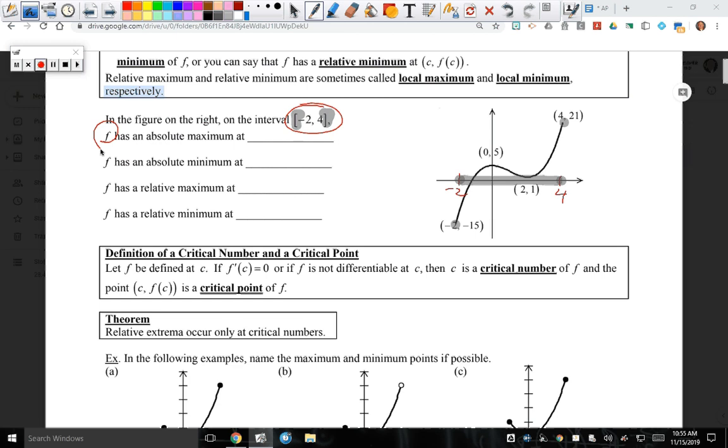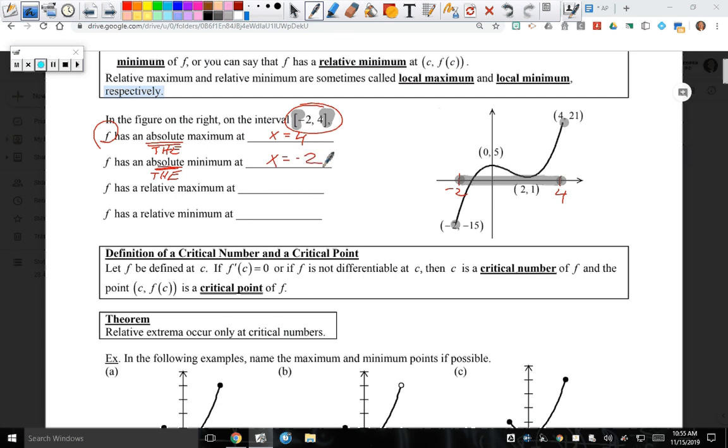F has an absolute maximum where? In this case, we could just say at x equals 4. F has an absolute minimum at -2.